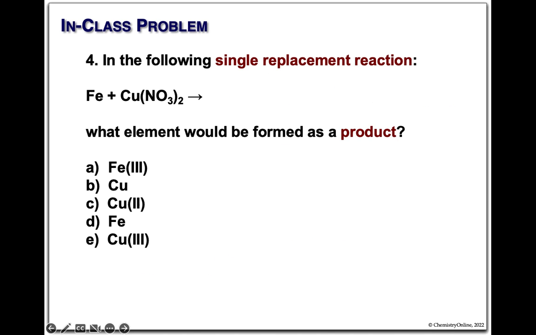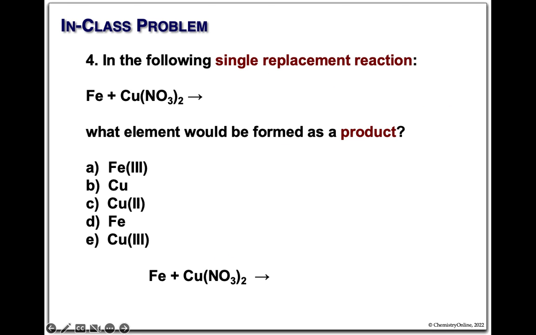Single replacement. We just did double, this is single. Remember, in a single replacement reaction, we're going to take an element and a compound, and we're going to form an element and a compound. So, here's our element, here's our compound.